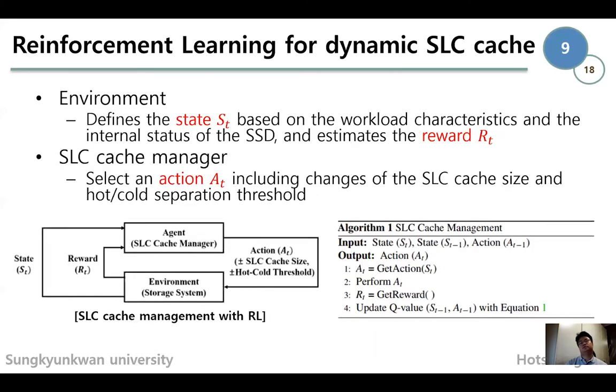This slide shows how reinforcement learning can be applied to the dynamic SLC cache. At each time step, the environment defines the state based on the workload characteristics and the internal status of the SSD, and estimates the reward for the previous action.